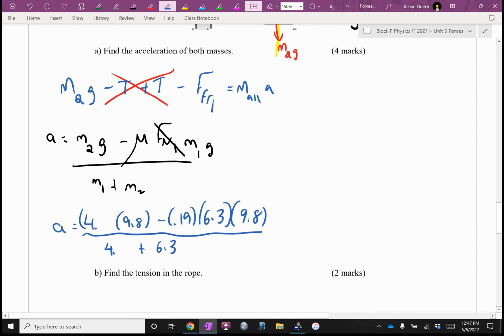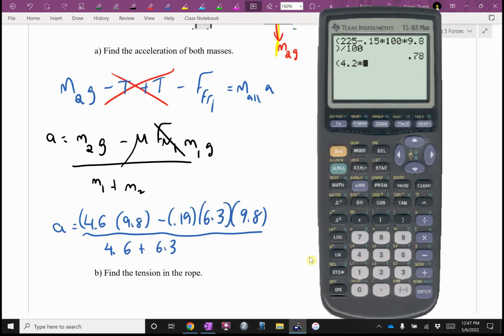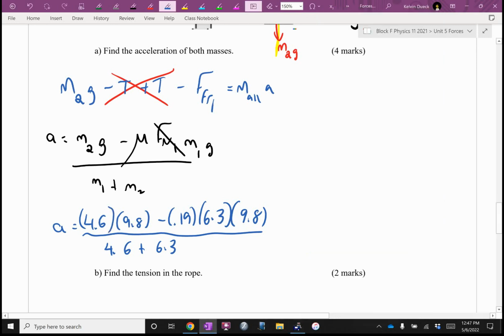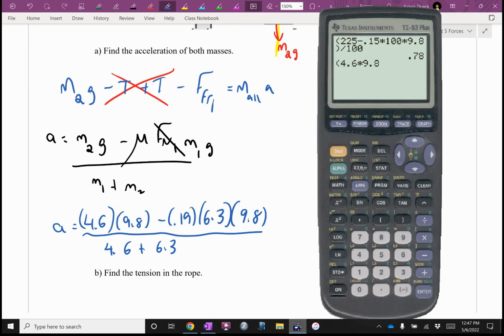Duh. I went on my rant about being careful in what you're reading, and then I did that. That was silly. 4.6 times 9.8. I also got a missing bracket right there. Minus 0.19 times 6.3 times 9.8. Close off the top. Divided by, open up the bottom, 4.6 plus 6.3.